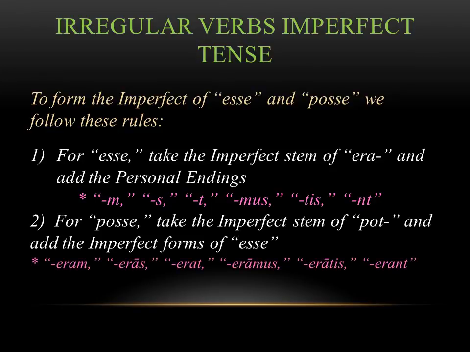So in other words, you're going to be taking POT and adding eram, eras, erat. This is how you form posse in the imperfect. So again, there's some memorization you need to do in this chapter, but hopefully you'll notice it's actually simpler to break it down into these simple rules. You're taking endings from one verb and adding them to make a new one. That's all you're doing with esse and posse.